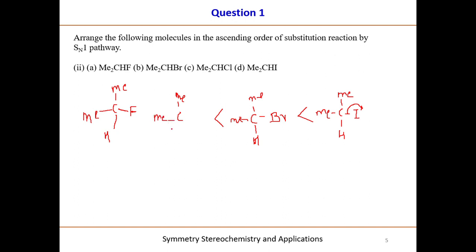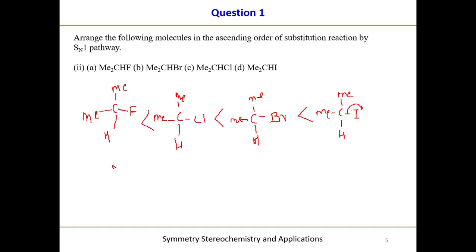Methyl. Sorry. Here we have proton. Then chlorine. Correct. So this is the order it will follow.